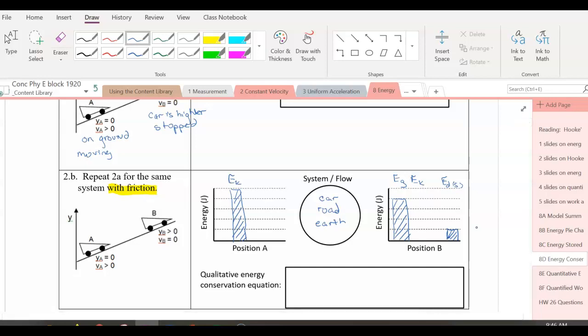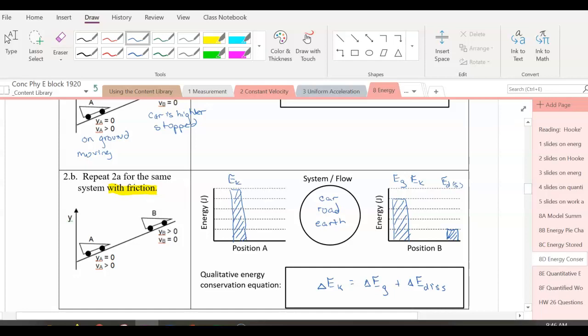And then those 5 blocks of energy got redistributed between gravitational energy and dissipated energy at the end. The conservation equation would be that the change in the kinetic energy is equal to the change in the gravitational potential energy plus the change in the dissipated energy.